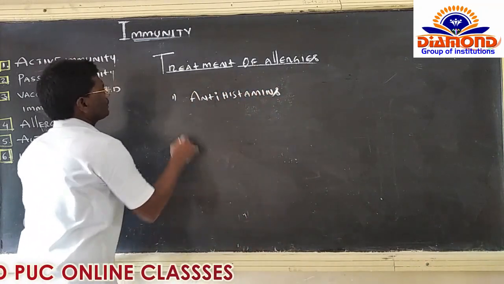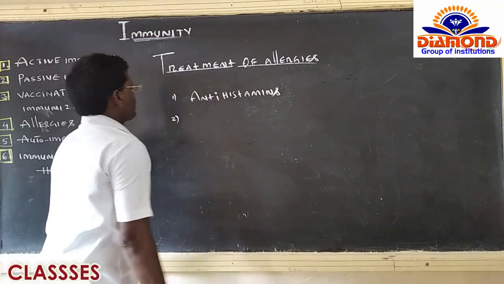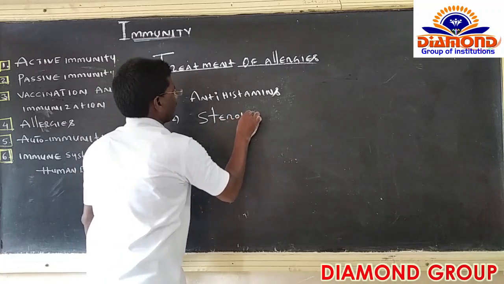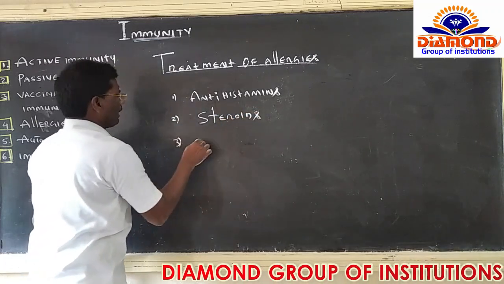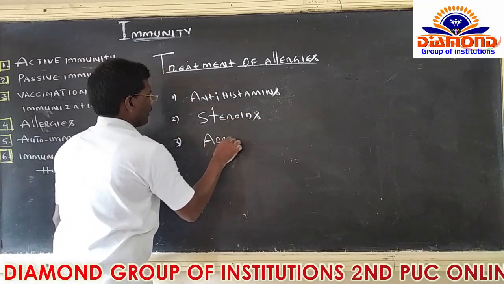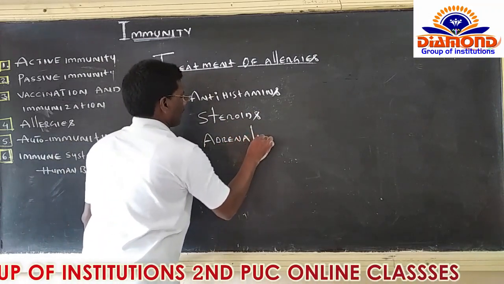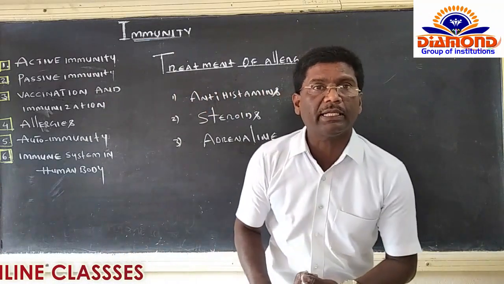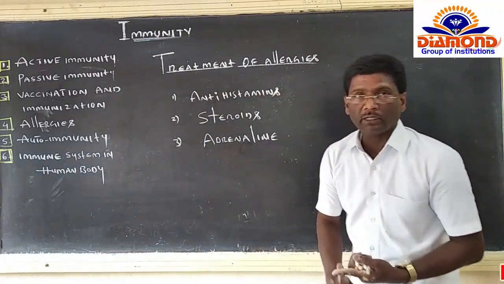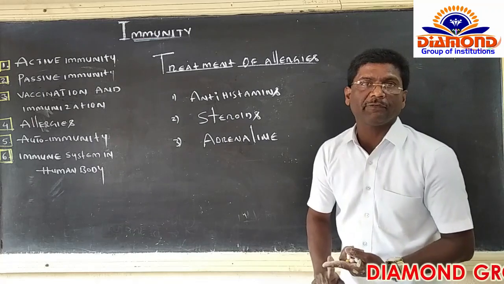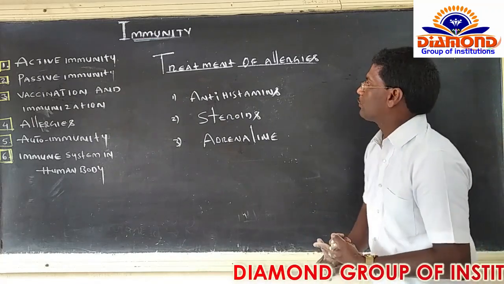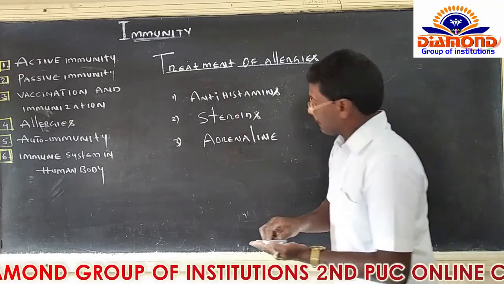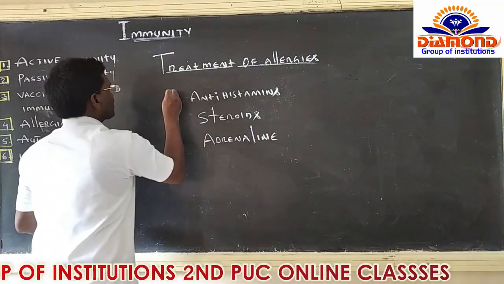Number two is steroids. Number three is adrenaline. Whenever a person is affected by an allergy, immediately they consult a doctor. If the doctor finds that this particular person is affected by an allergy, he is going to give him the treatment. In that treatment, most likely, number one, antihistamines.